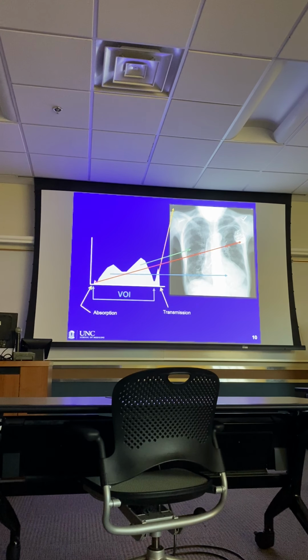So the further down this end you are, the values correspond to transmission or raw radiation, and so they're going to show up as black, dark areas of decreased luminance. As you move this direction on the histogram, these numerical values correspond to increased levels of absorption. So numbers closer to zero signify more absorption, and that's why it shows up with increased brightness.